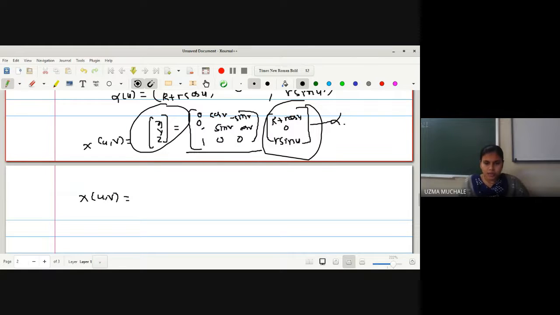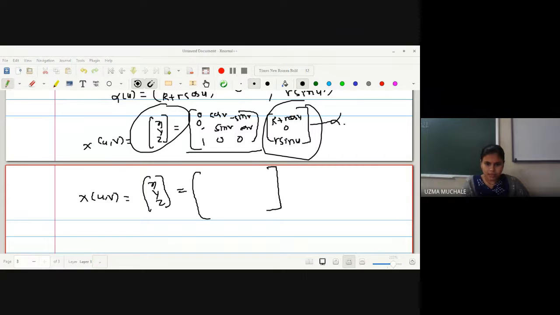Now the revolution is about the z-axis, so 0, 0, 1 and 1, 0, 0, 1, and this is about the z axis. Sorry, actually I think I am wrong. About the z axis, how do you have to write it?